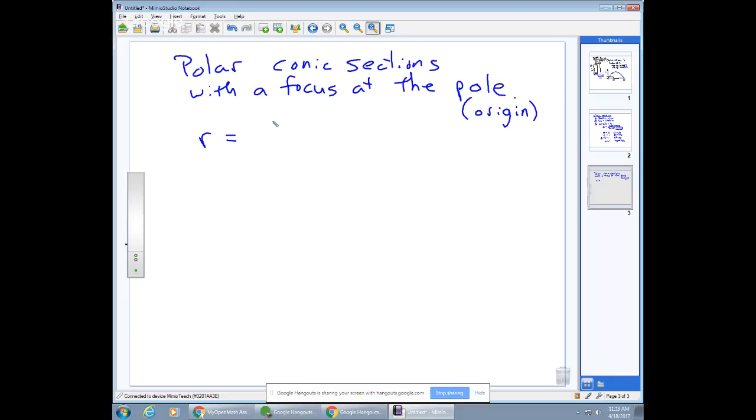They tend to look like this: r is equal to some number k, and we'll come up with some expressions for k in a little bit, divided by 1 plus or minus the eccentricity times the cosine of theta. This would be a horizontal orientation.